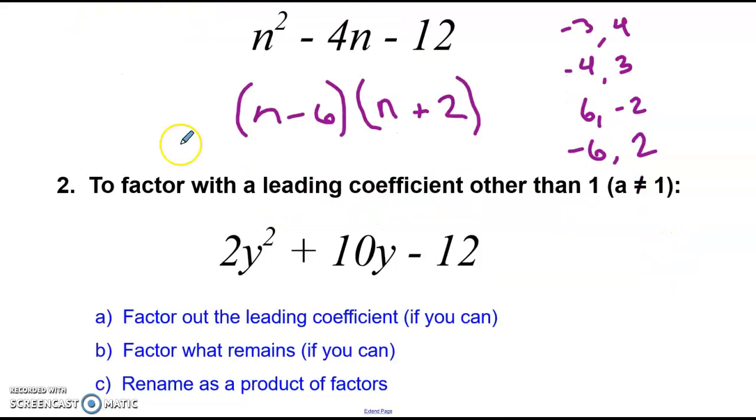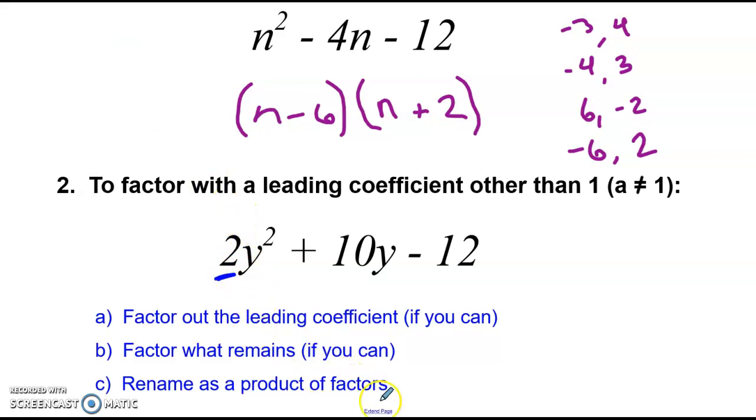Starting today, though, we're going to see something like this, where it's 2y squared plus 10y minus 12. And I can't follow the same method where we just find factors of c that have a sum of b. The reason for that is this positive 2, this leading coefficient. That method is only applicable when the leading coefficient is 1.